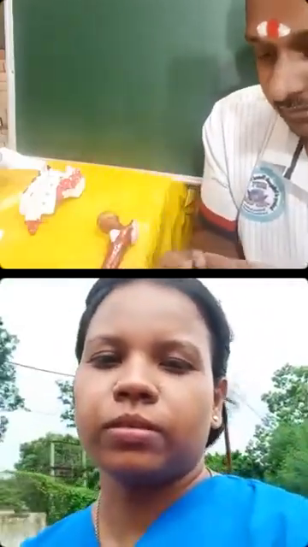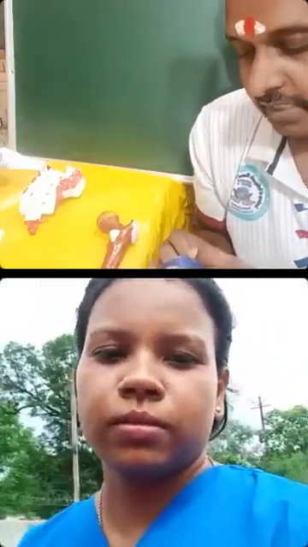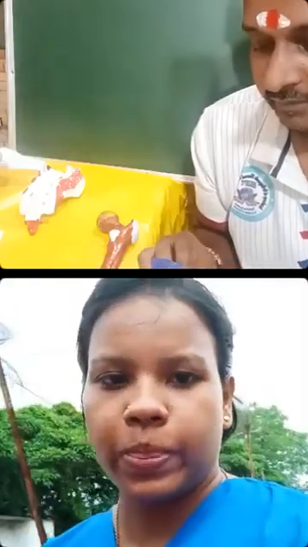Let me fix the piriformis for you using this blue adhesive tape, starting from the sacrum to the femur. I'm going to take it from the greater trochanter and put it here.